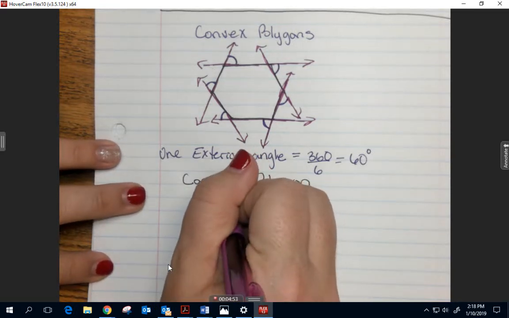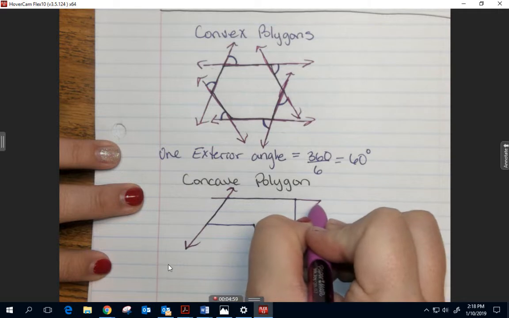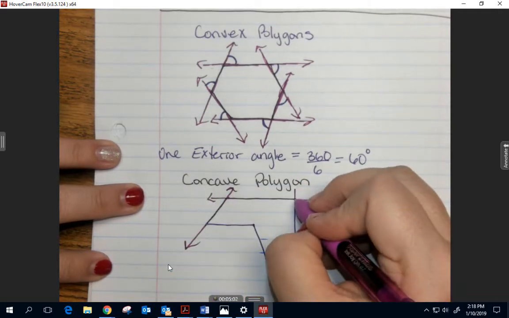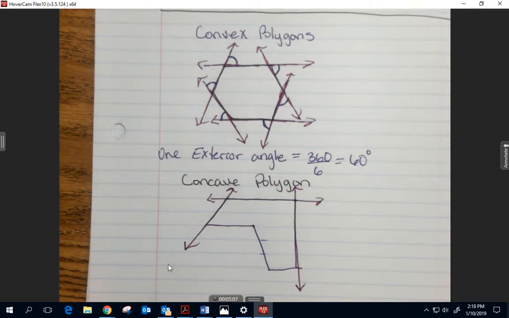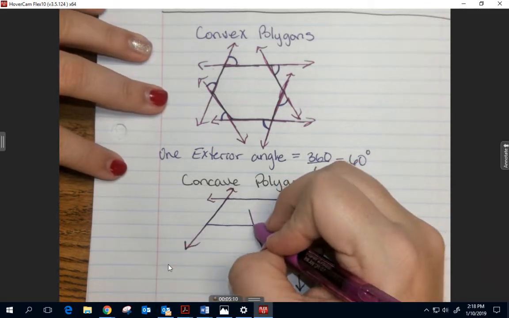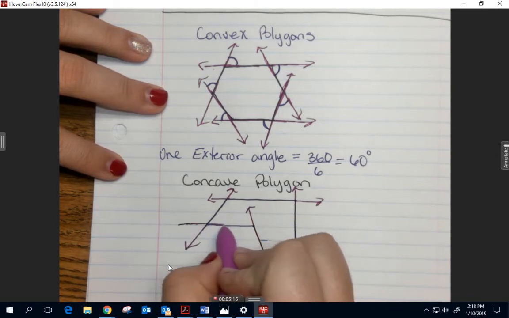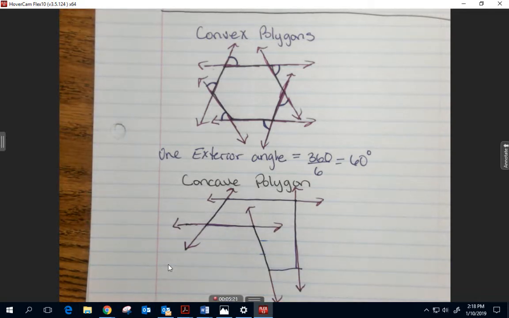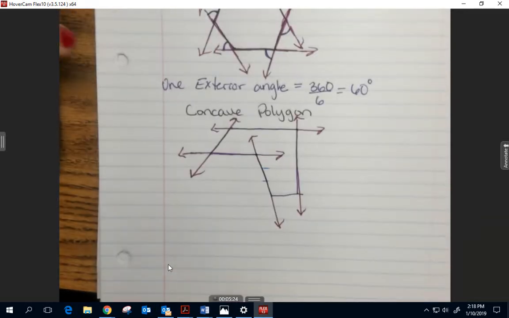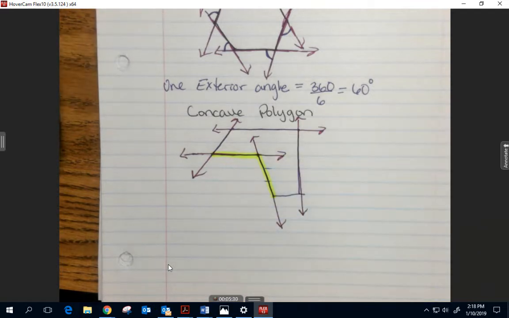On this one, when I extend all the sides, if you look at the sides I've just done, all of them are staying on the exterior. But then these last two, you see that they go inside the polygon. And I'll highlight those. So these two sides right here extend to the inside, which makes this a concave polygon.